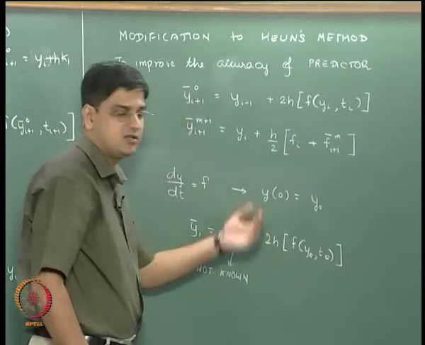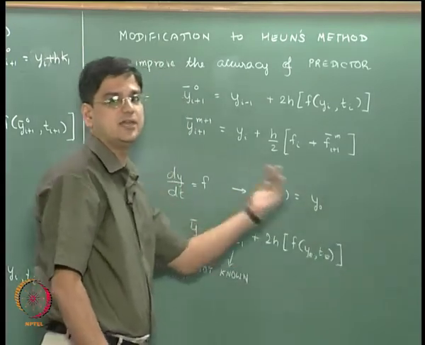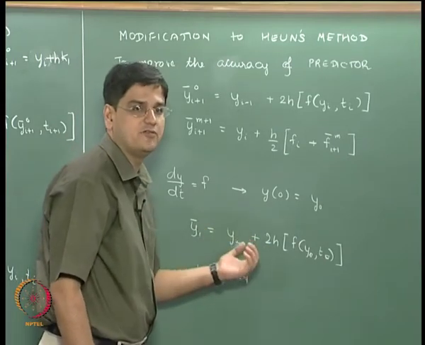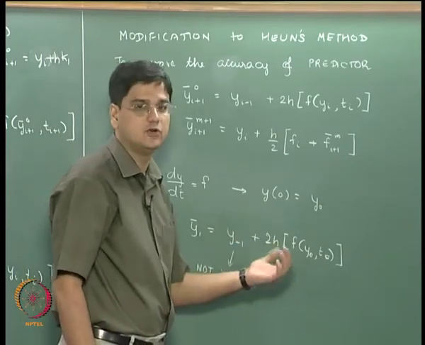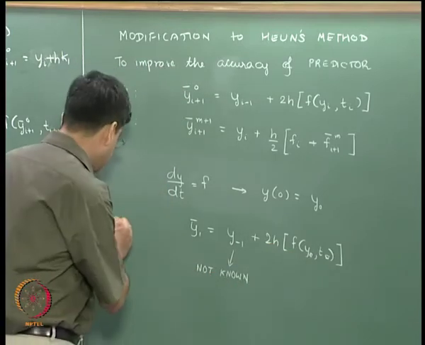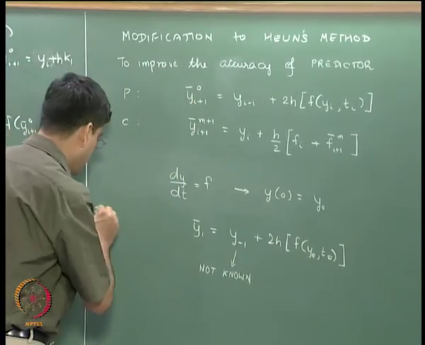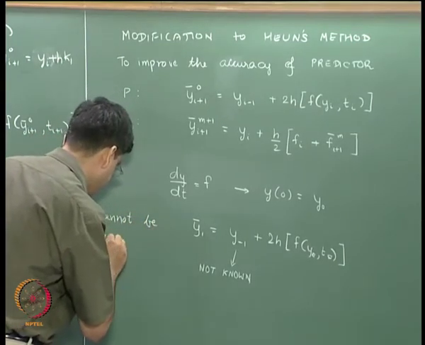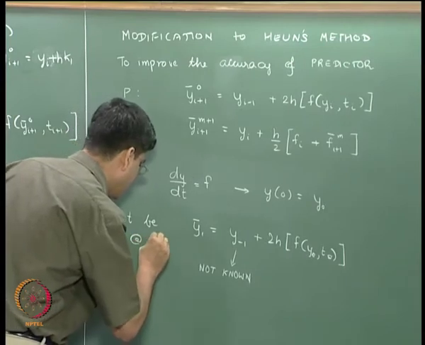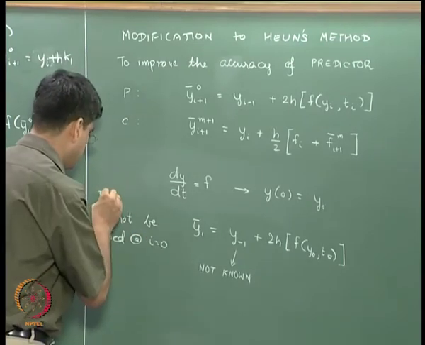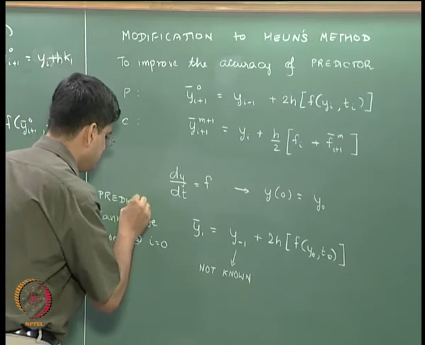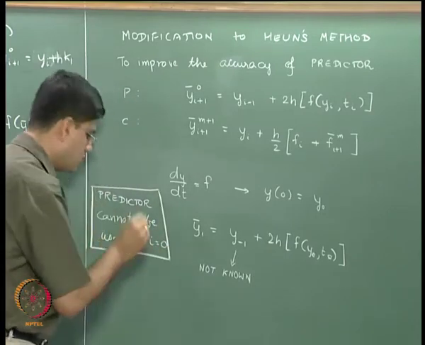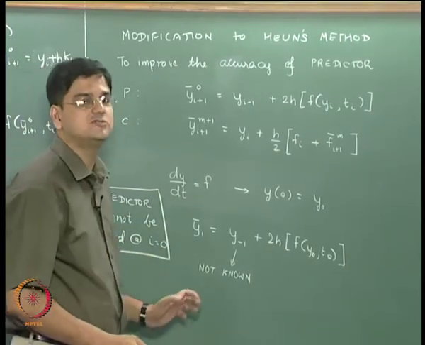Okay, y minus 1 represents the value one time step prior to y0, and this particular value is not given to us, it is unknown. As a result, this predictor equation cannot be used at I equal to 0.